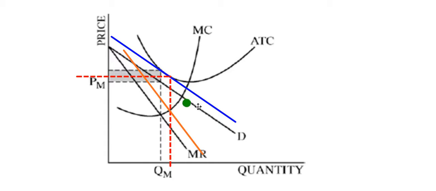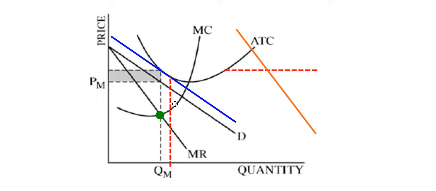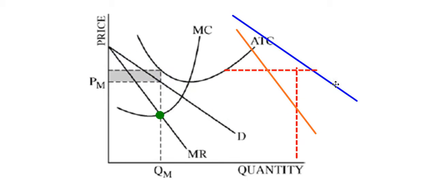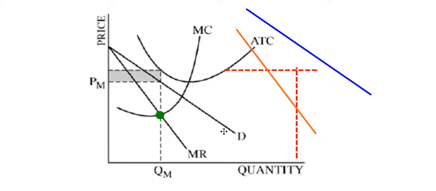So if we unclutter our graph here, we can see that this is the allocatively efficient point, where the price is equal to marginal cost.